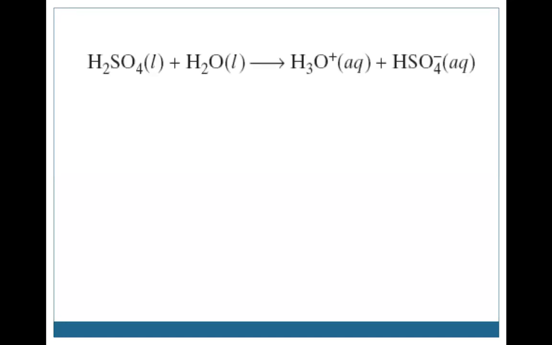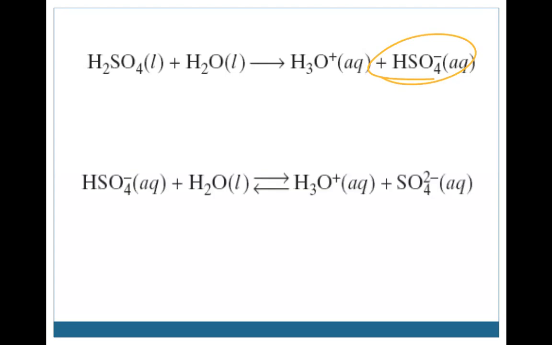So for the first stage of sulfuric acid, you have H2SO4 reacting with water to form hydronium. And if you don't recall your polyatomic ion names, that is hydrogen sulfate or bisulfate. That's stage 1. And stage 2 is going to be bisulfate reacting with a second water molecule to form hydronium and sulfate.